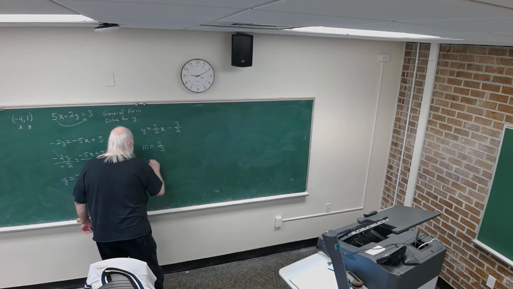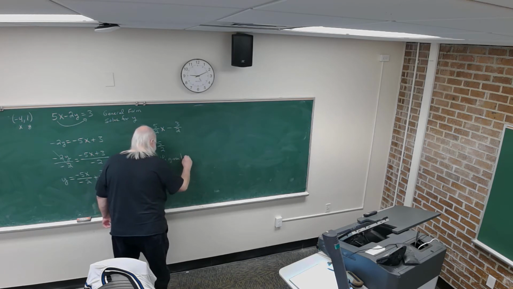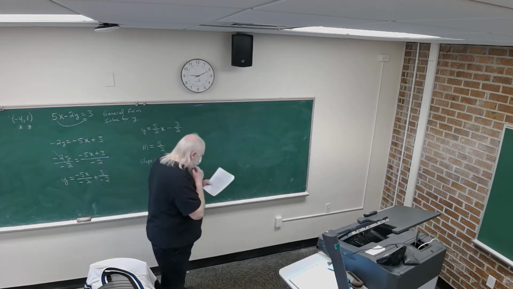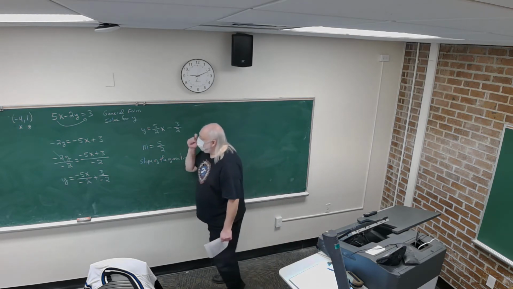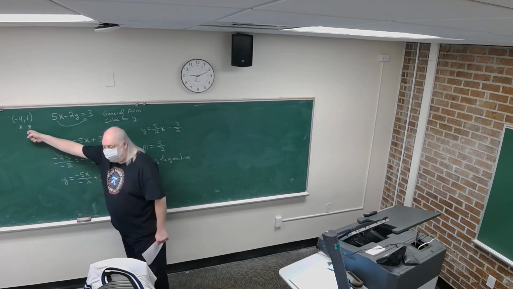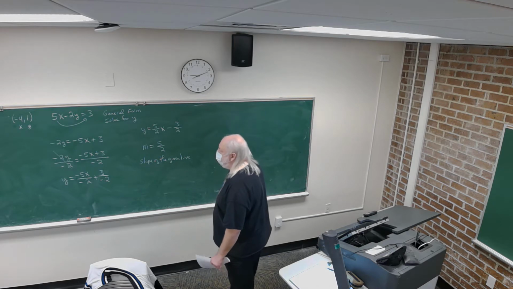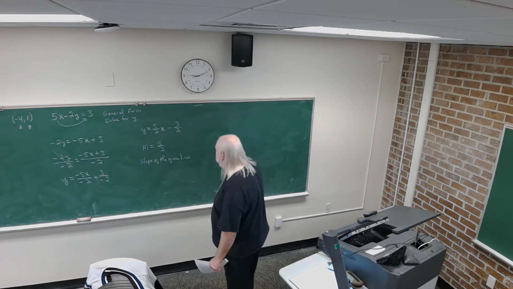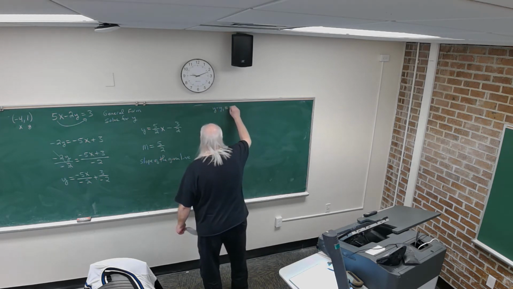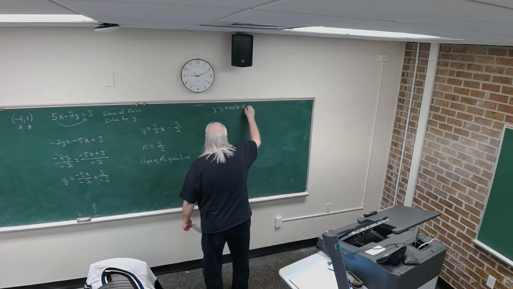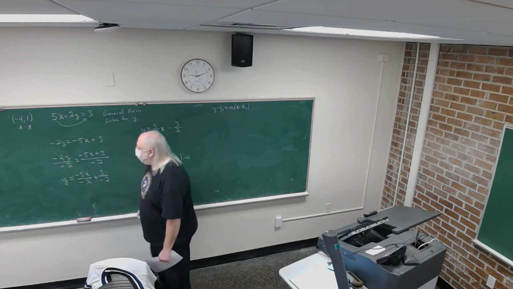That's the slope of the given line. Okay. Now we got to find the equation of the line that's parallel to this line that passes through this point. And so we can use point slope form to write the equation of the line. Y minus y1 is equal to m times x minus x1. x1 is equal to negative 4, y1 is equal to 1.